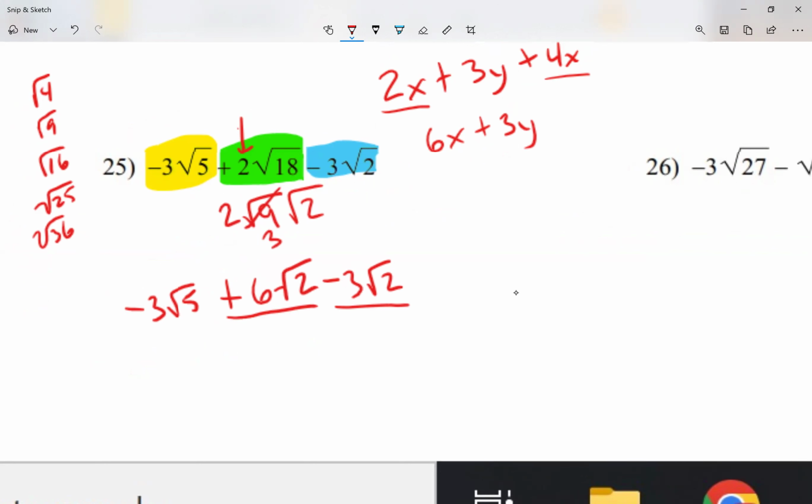I have a radical 5, so I'm going to go with the smallest radical. I combine those terms, positive 6 and -3. Remember, I'm just looking at the numbers outside of the radical. Positive 6, -3 is a positive 3. So I'm going to call this 3 radical 2, and then minus 3 radical 5.